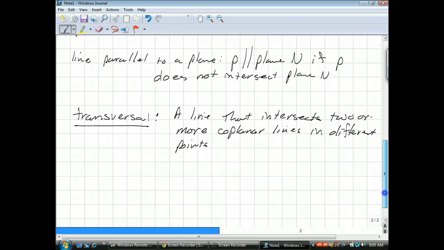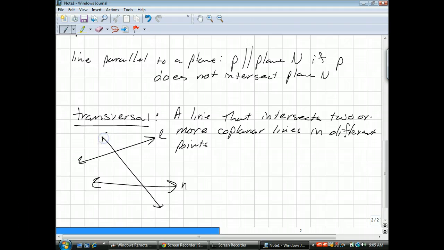So if I have line L and line N, those are two lines, and I have a third line, line T. Notice that all three lines are coplanar, and line T intersects two lines, line L and line N, at two different points.